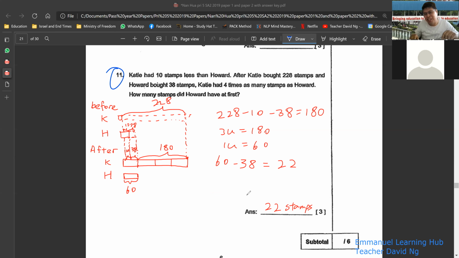What is the chance that I'll get it wrong? You press something wrongly, and what is the chance of that? Out of 100 times, at most 1 time. So it's 1% or even less than that.